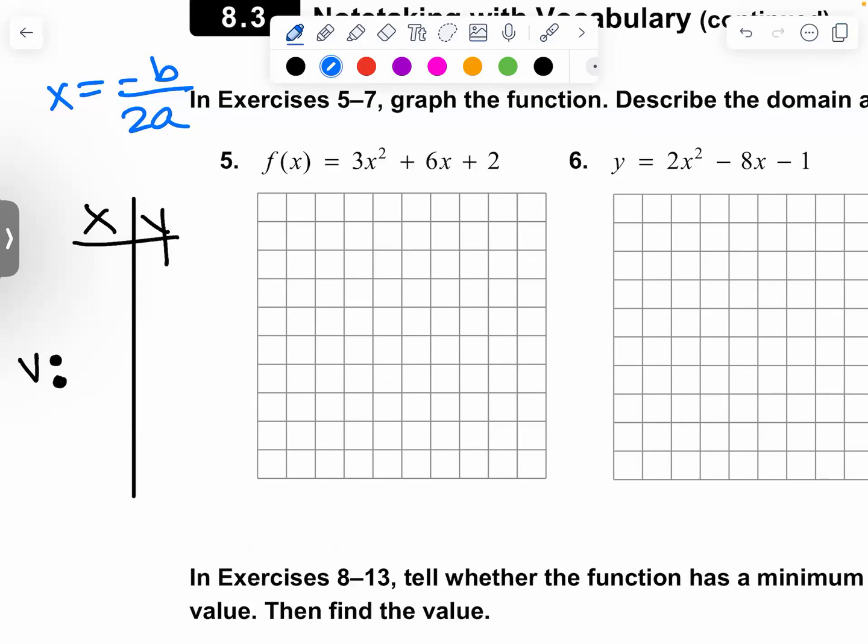I don't know if I agree with that. You get -1, -7. You already got it? I got -1. I like the -1.